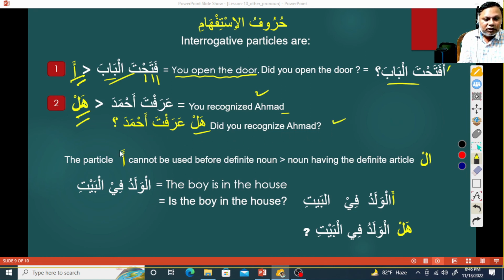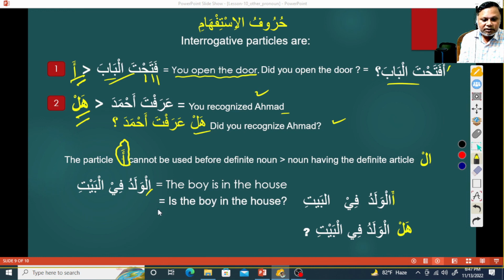Now this has some limitation. Where there is an alif lam at the beginning of the word, there we cannot put this hamza to make the sentence interrogative. Like here, al-waladu fil baiti, the boy is in the house.